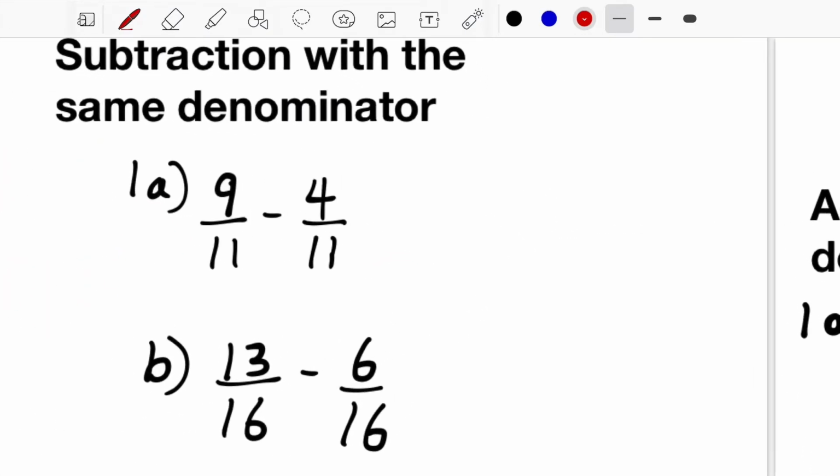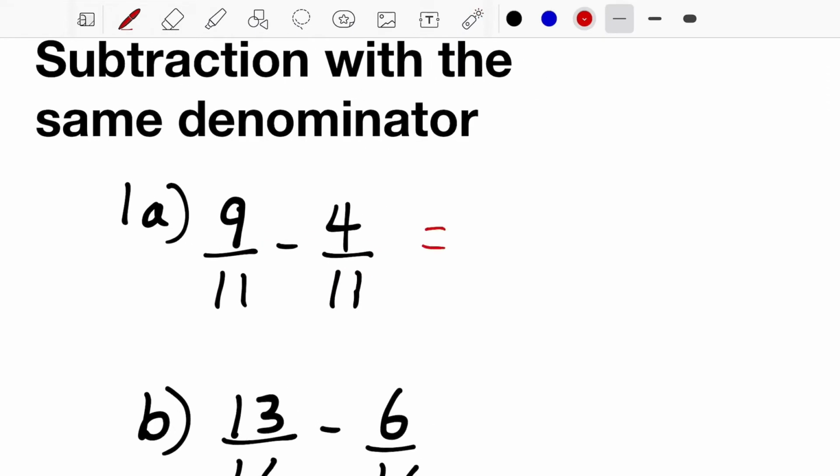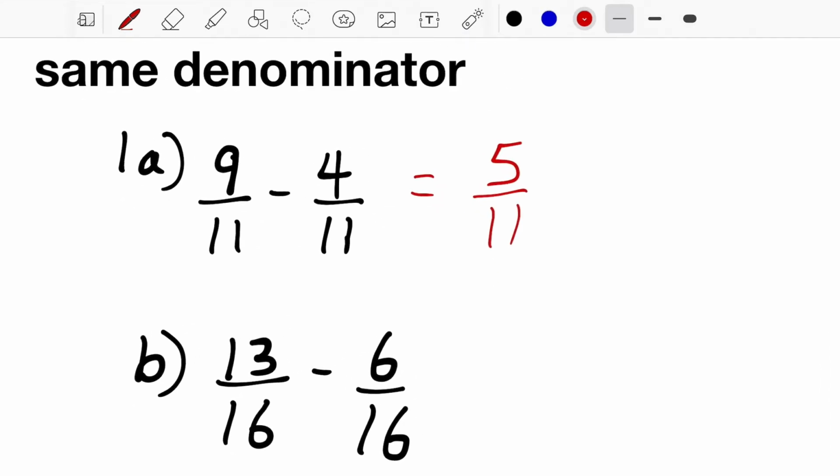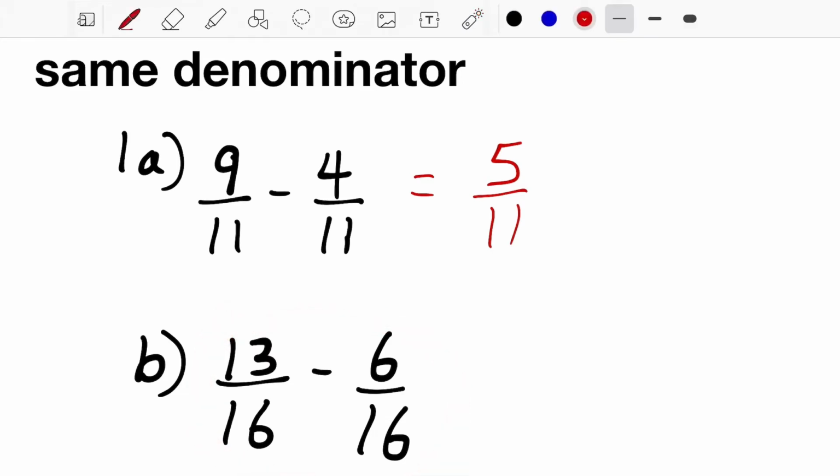Let's look at the subtraction. The subtraction is very similar. So the denominators are the same, so we simply subtract. 9 minus 4 is 5, 5/11. And similarly, 13 minus 6 is 7, so that's 7/16.